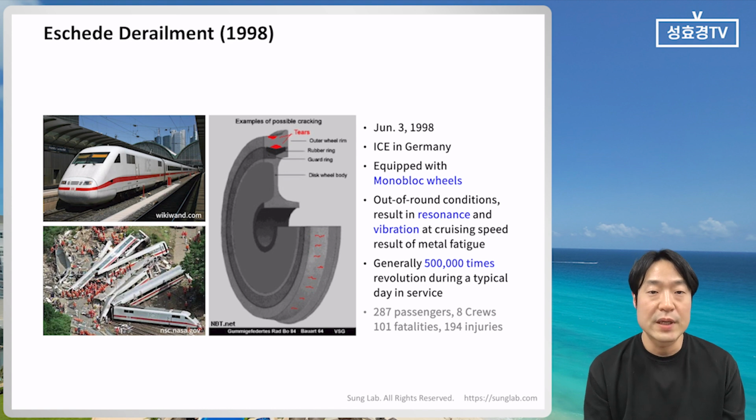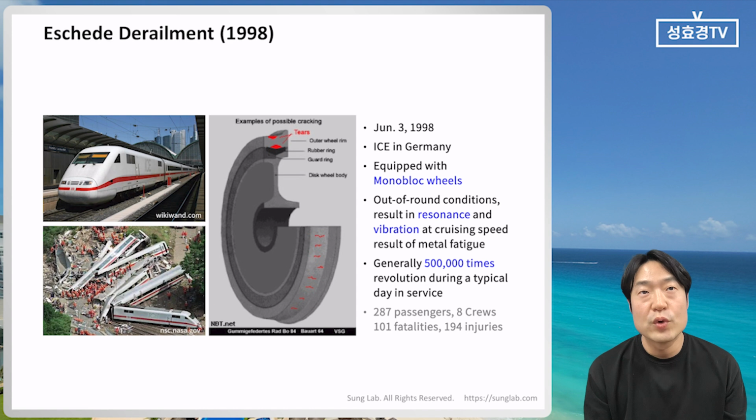So it resulted in metal fatigue, and the fatigue crack was initiated in the wheel. After that, it broke, and then the derailment was caused. Unfortunately, there were around 100 fatalities, and mostly 200 injuries.